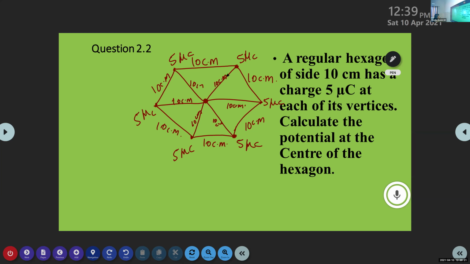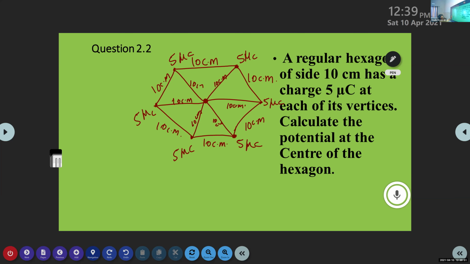So now we can calculate the potential. What is the equation for calculating the potential due to a point charge? Is it a property of a regular hexagon that the potential remains constant? No, it is not a property. In this question, we have taken it as 10 centimeter for a regular hexagon.